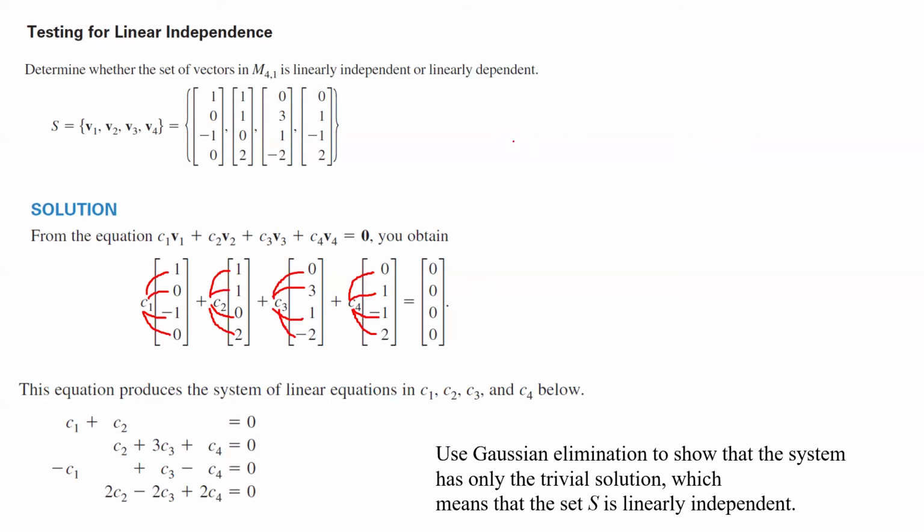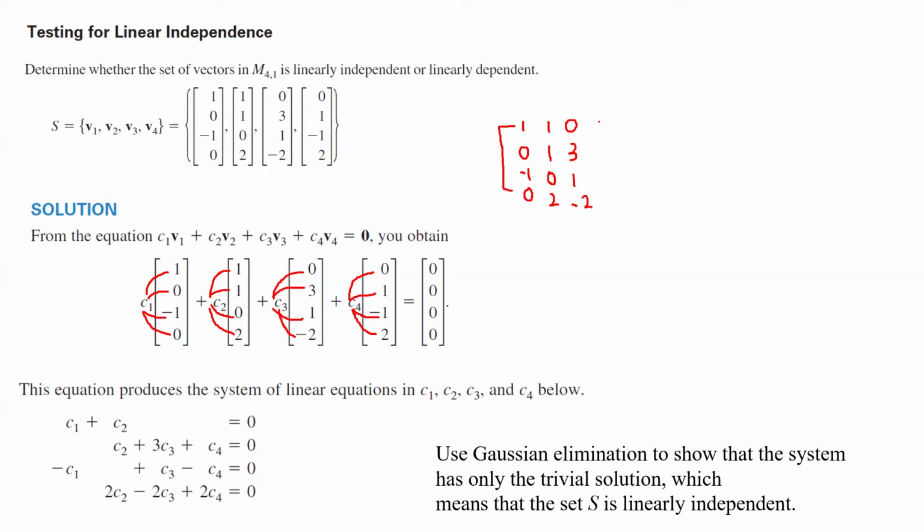So let us form this matrix. It shouldn't be that difficult. You have a 1, you have a 0, just basically listing all these entries here. And then here you have 1, you're having the column matrices, and you're going to list all of the entries. Then you have a 0, then you have a 3, 1, and negative 2.